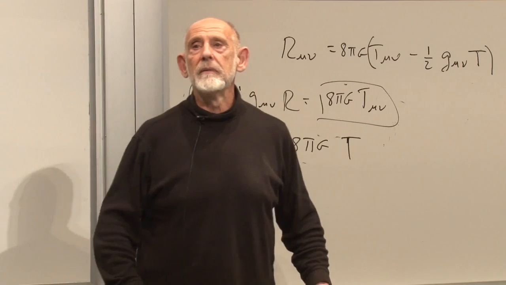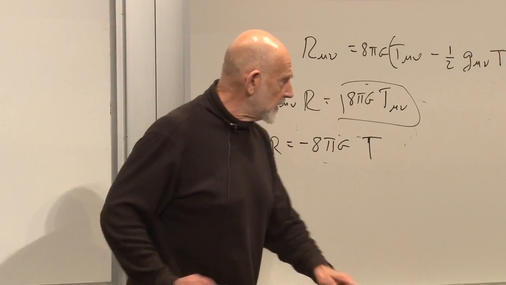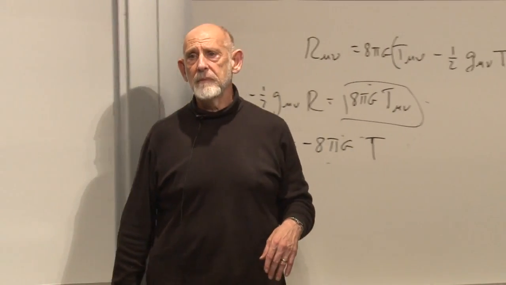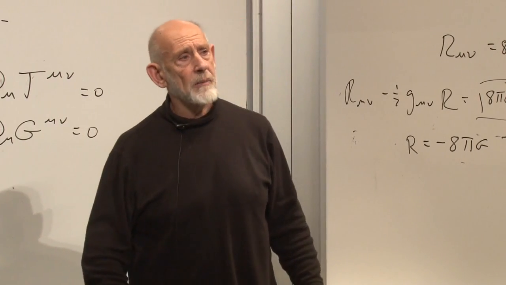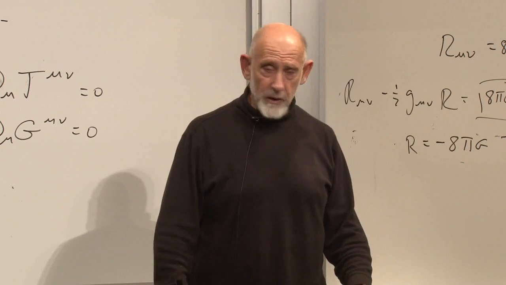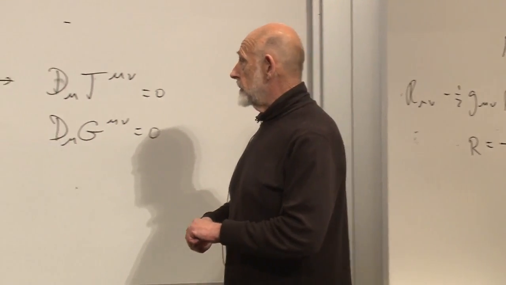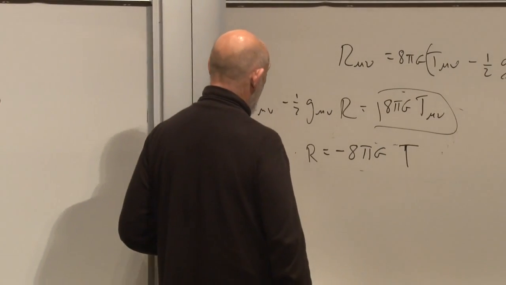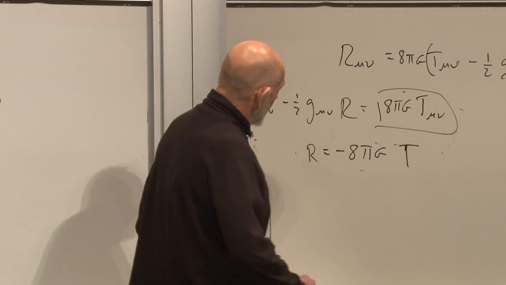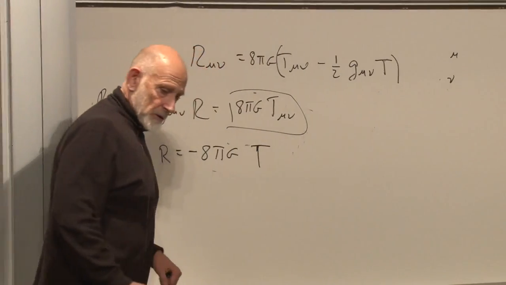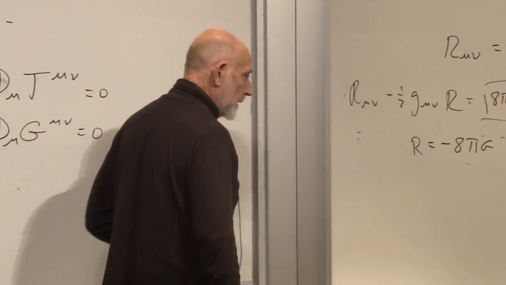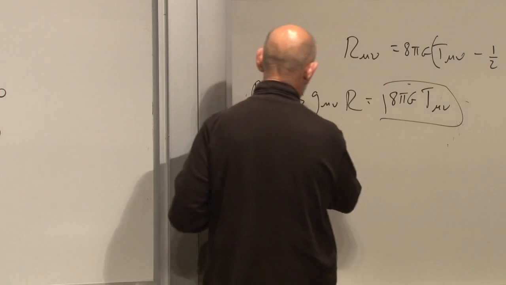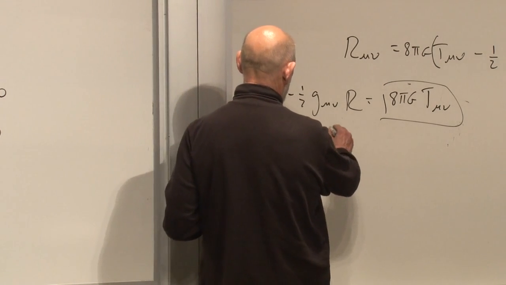No fudge factor. No cosmological constant? The cosmological constant can be thought of as part of T mu nu. We haven't said anything about whether or not it's there. From this point of view, the cosmological constant can be thought of as a component of the energy momentum tensor, let's call it T mu nu cosmological.